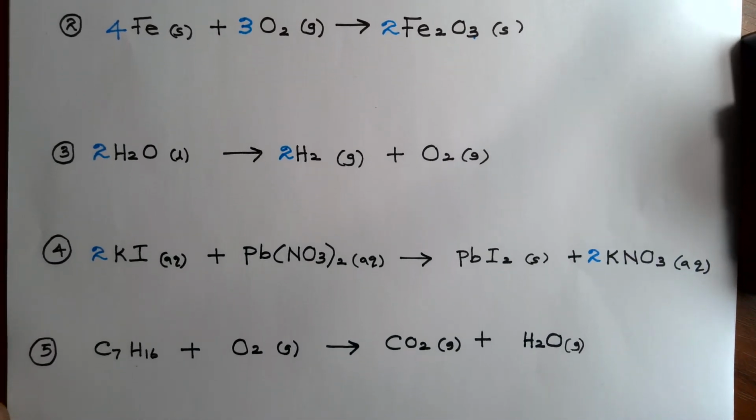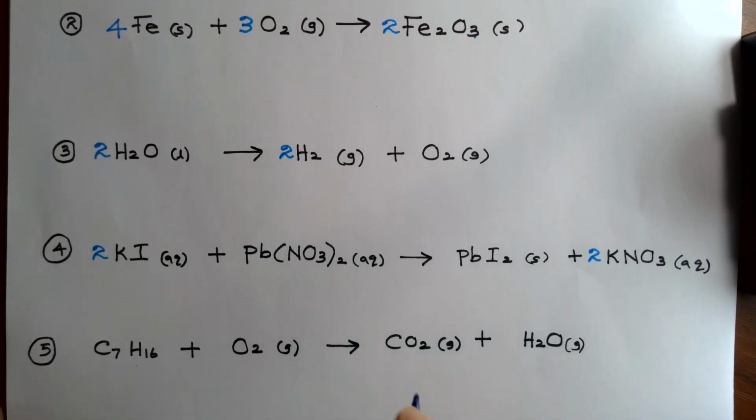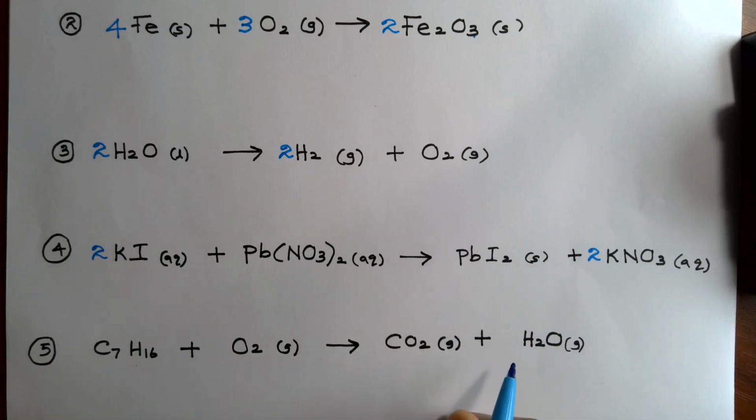Next one. So it is kind of different. Hydrocarbon combustion reaction. So what is the meaning of combustion? Combustion meaning is hydrocarbon, or sometimes it contains oxygen too, when combined with oxygen to form carbon dioxide and water. So these type of reactions we call combustion reactions.